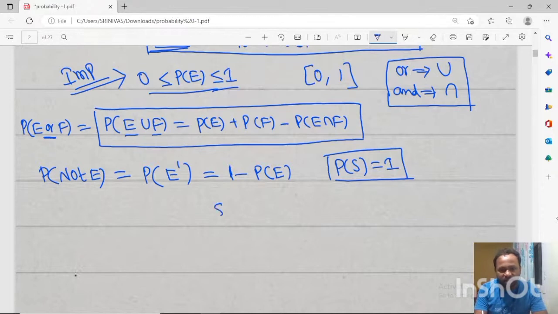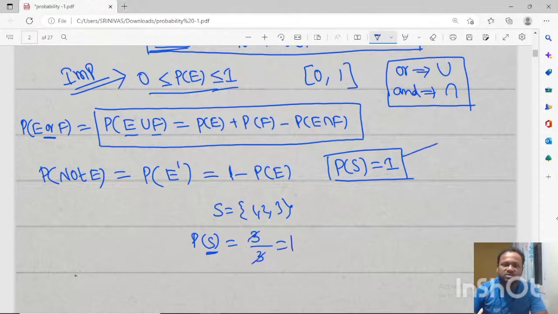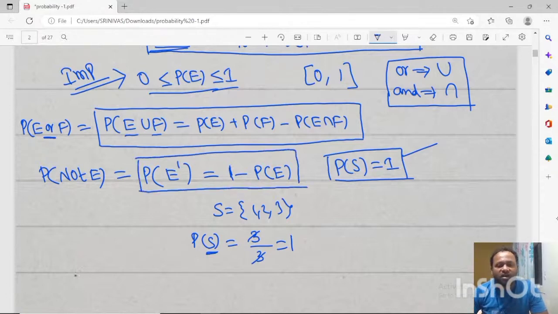For example, S is equal to 1, 2, 3. Probability of sample space is equal to favorable 1, 2, 3, total 3 numbers, divided by total also 3 numbers, that is always 1. So total probability will be 1. So probability of E dash is equal to 1 minus P of E. This is about the complement of an event.